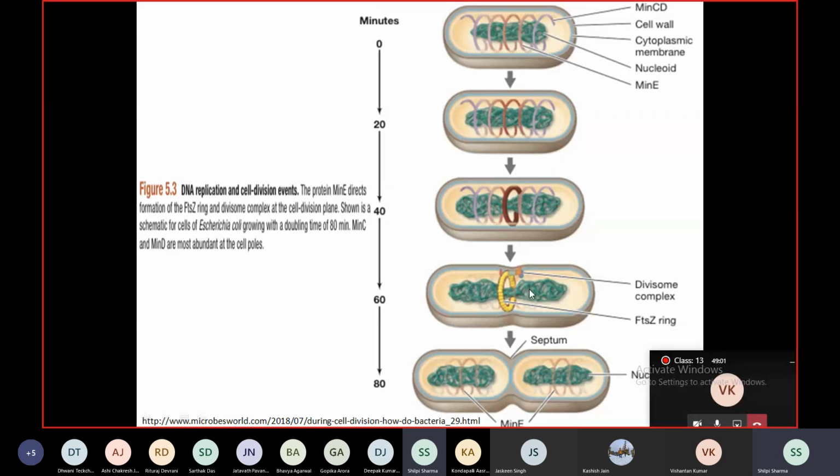Thereby, the formation of a septum is only possible at the center. This is where FtsZ would assemble because of the lower concentration of MinC. MinD and E are also associated with MinC. So MinC is not the only protein which helps, but its concentration is what regulates the formation of rings of FtsZ exactly at the center.